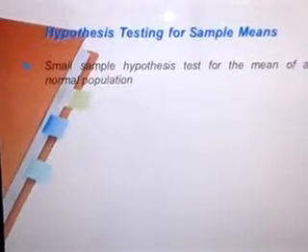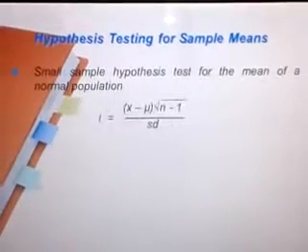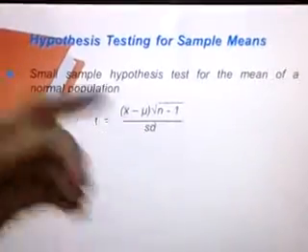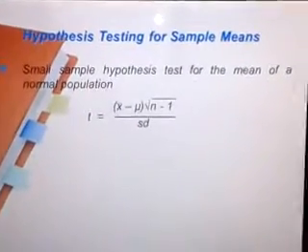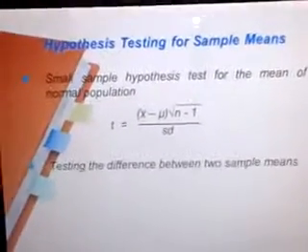Then, the small sample hypothesis test for the mean of the normal population: T is equal to X minus the population mean, multiplied by the square root of our sample size minus 1, and divided by the standard deviation.